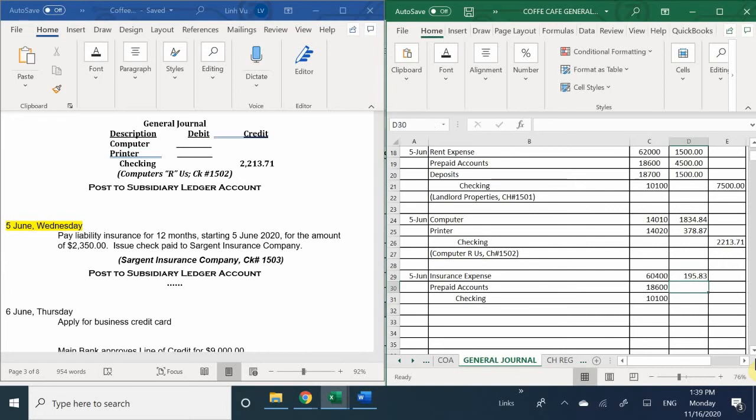Yes, 195.83 per month. And therefore, I need a grand total to pay off my check to equal $2,350. So I can just do simple math and determine what that is minus 1 month. It's going to give me 2,154 and 17 cents.